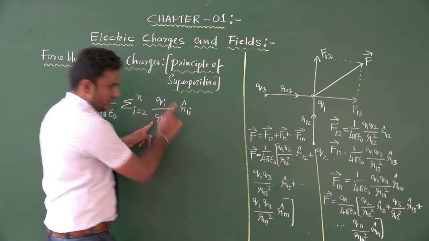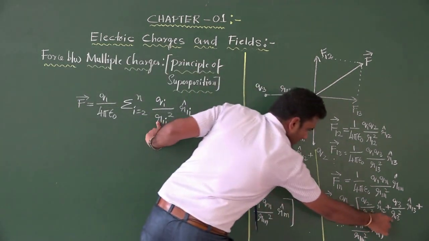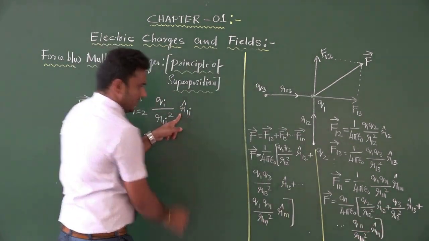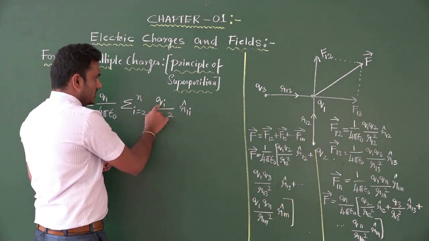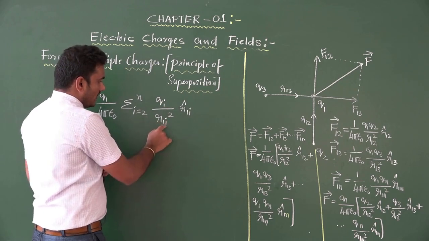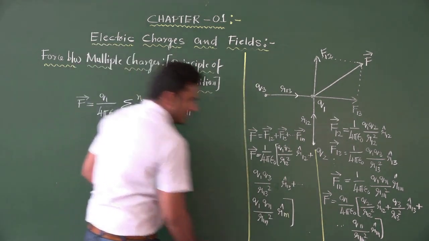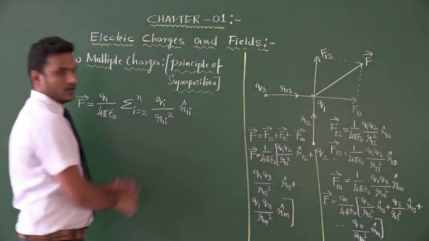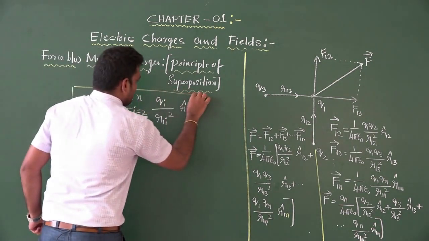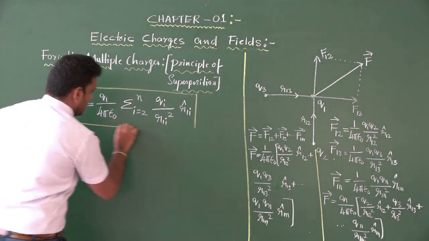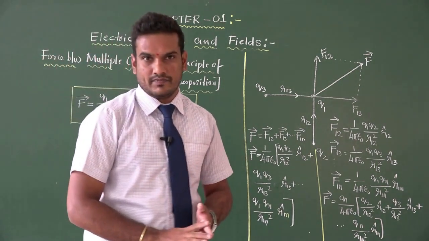Give 3, q3, r13 whole square, r cap 13. Similarly for n, give n in the place of i, qn divided by r1n whole square, r cap 1n. So all are matching. So this is the final equation. It gives the total force on a given charge exerted by all other charges.